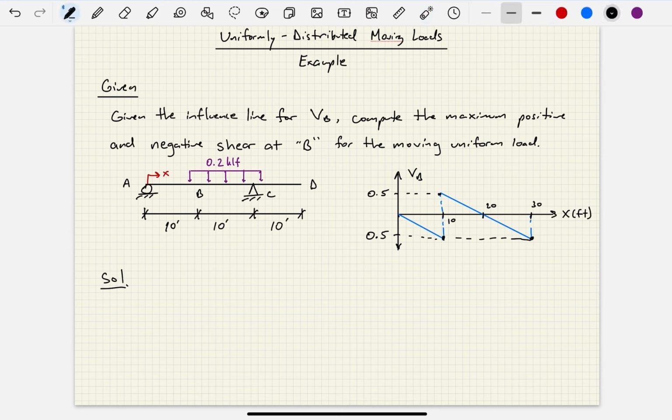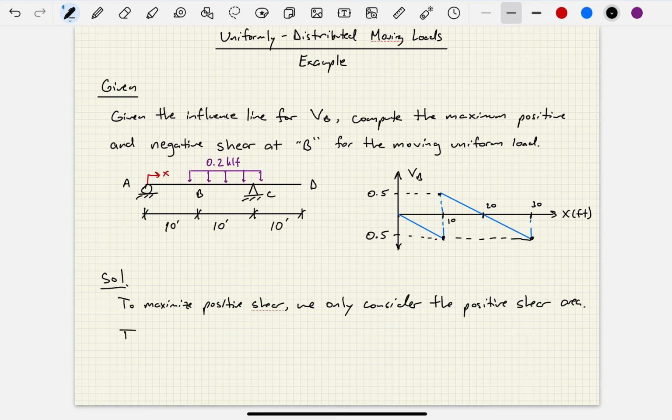So let's write that down. To maximize positive shear, we only consider the positive shear area.